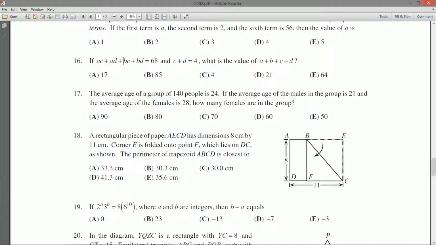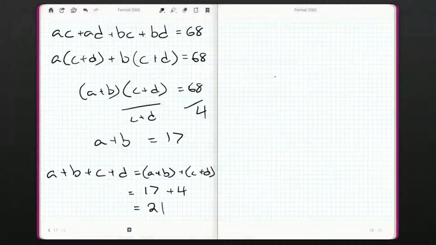Okay, and 21 is D. Right? So, bubble in D, and we're all set for question number 17.